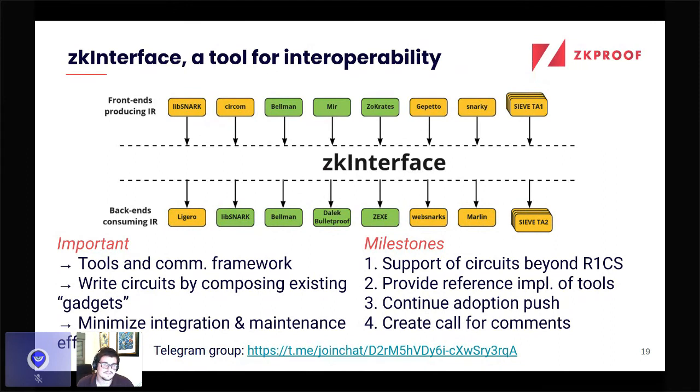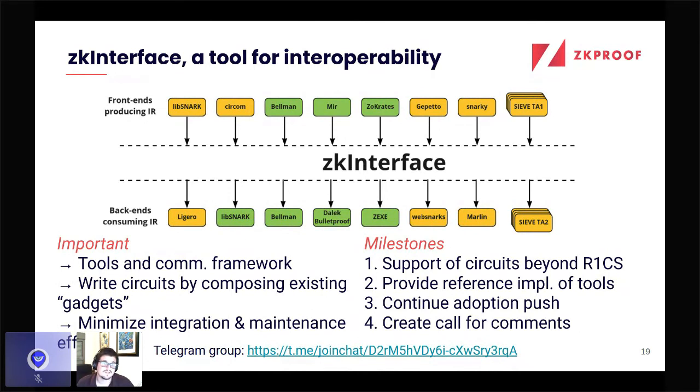And so what ZK Interface allows you is to say, okay, I'm going to be using, say, the gadget library of Bellman, the framework, as my front end, because I really like how you write it. But I actually want to use bulletproofs to generate my proofs. So in a world without ZK Interface, you would actually have to write a map of connection, right?